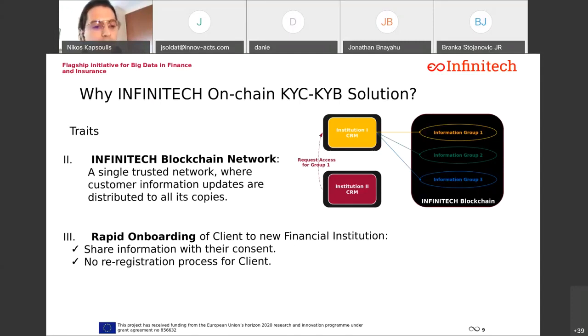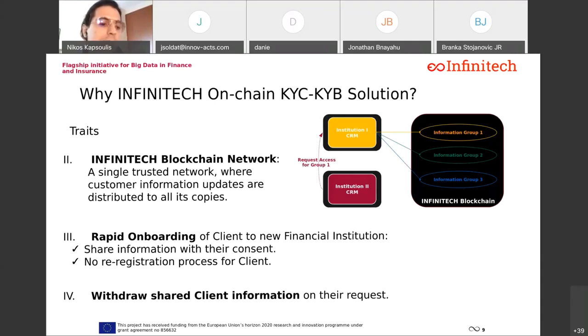In other words, there is no re-registration, as I have already said. With a simple turn of the switch, as we saw in the video, the data is shared among the institutions. And of course, there is the possibility of withdrawing client information on the client's request.